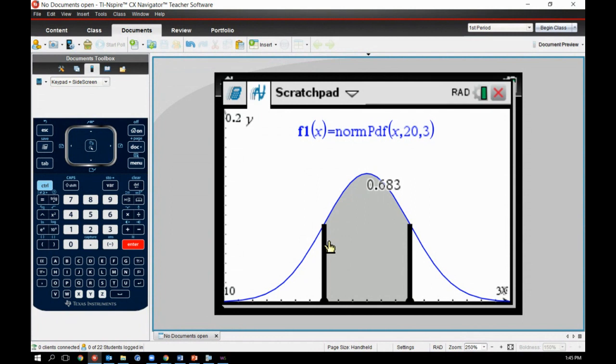We got it graphed, so let's do second trace and 7. That's your lower limit, so 17.